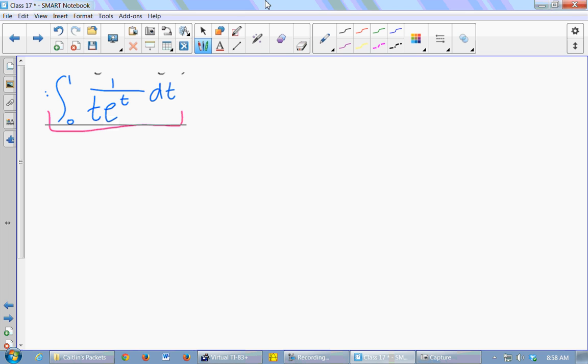So okay, I'm going to try to sandwich this between two other integrals. If I just look at the e to the t part and put in a 0, just make that exponent 0, I get 1 over e times t. Is that bigger or smaller than 1 over t e to the t?